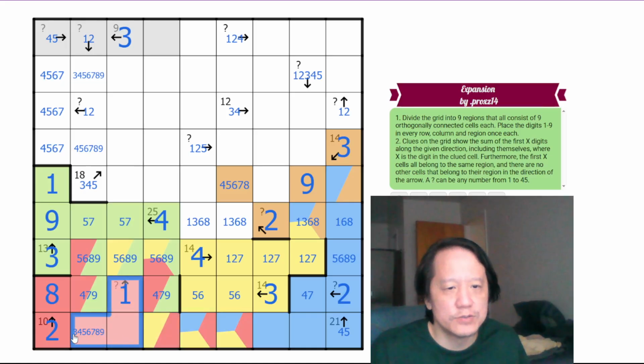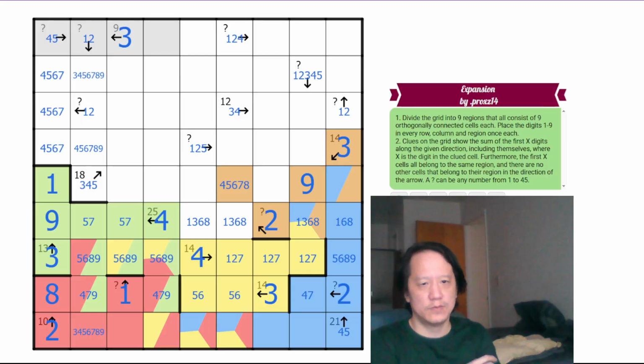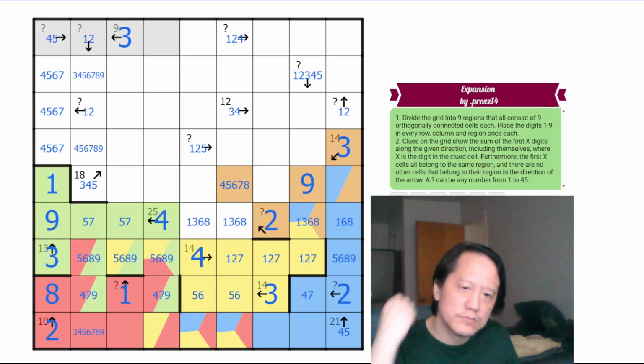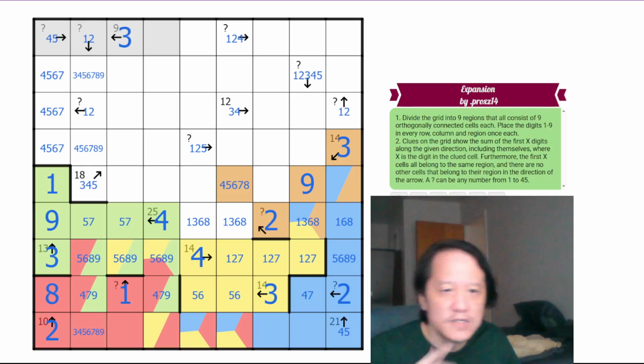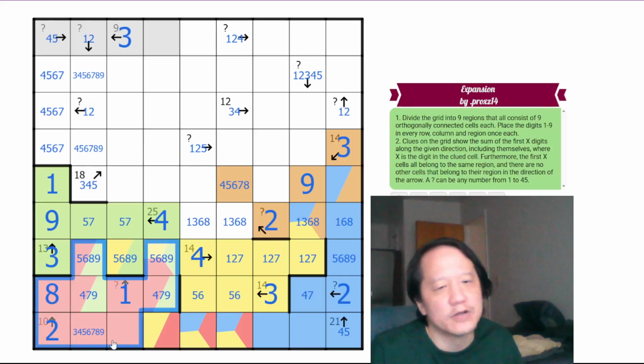We have 1, 2, 3. Okay, so this is boundary here. If we tried to have yellow, yellow here, that would mean 1, 2, 3, 4, 5, 6, 7, 8, 9. Okay, so that could work for red.